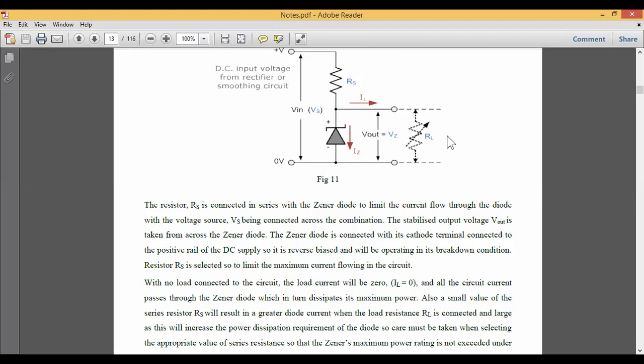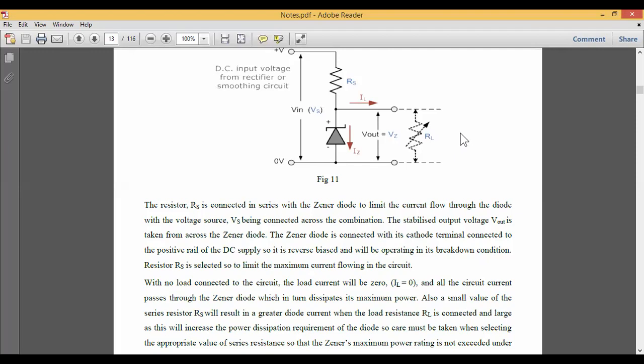The second case is when you put some load across the resistance RL. Then the amount of current which flows through the Zener path will be minimum, because the load is utilizing that current.